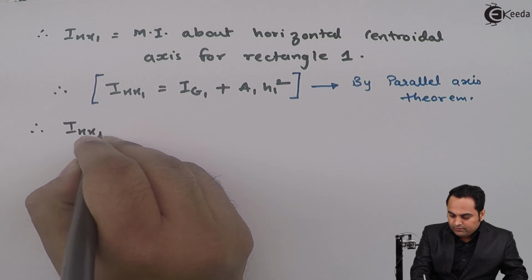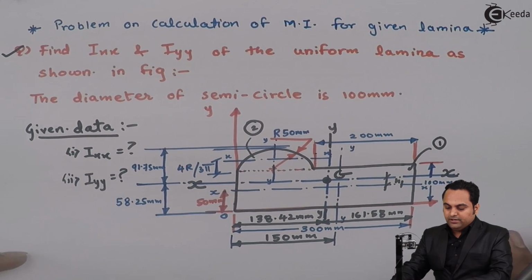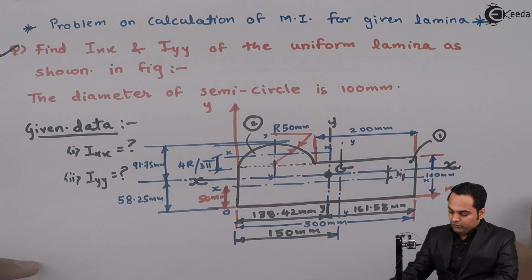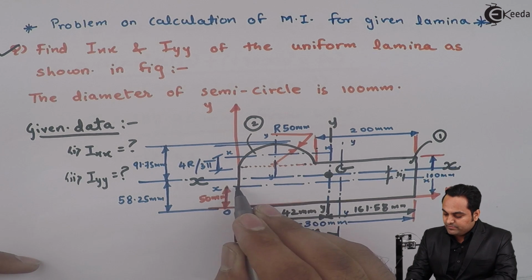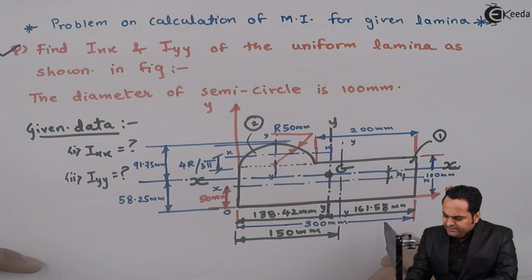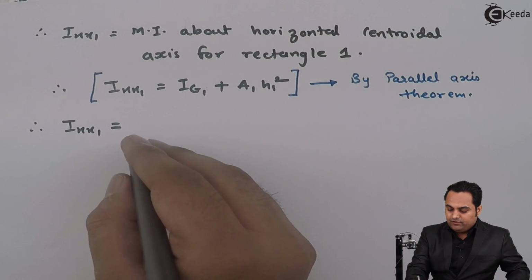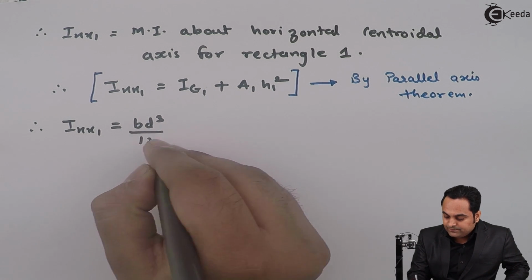Therefore Ixx1 will be Ig1, which is the MI for rectangle number 1 about its own axis, which is at 50 mm distance. So about this horizontal axis, the MI will be bd cube by 12, because it is the formula for a rectangle about the horizontal axis.